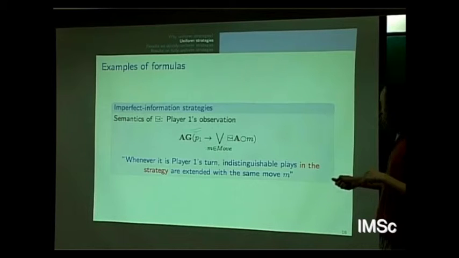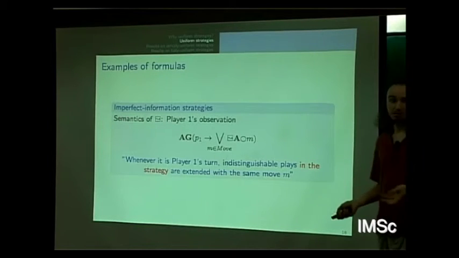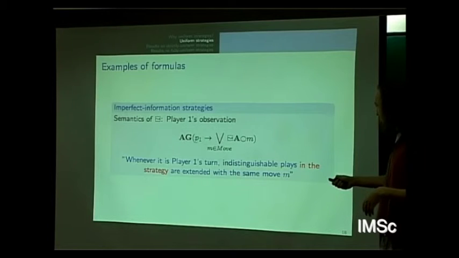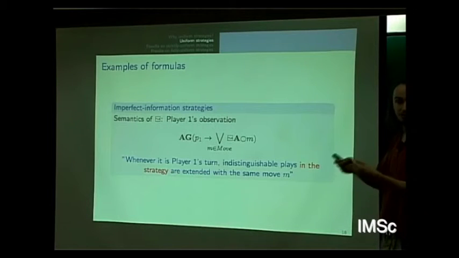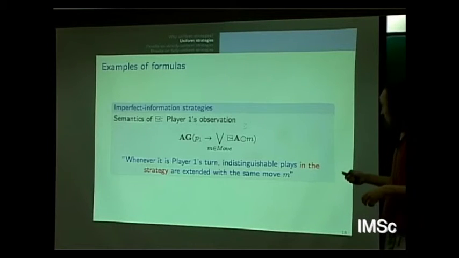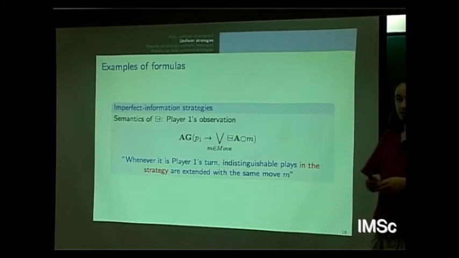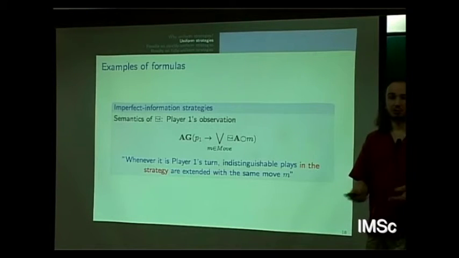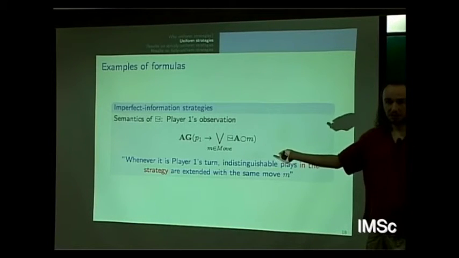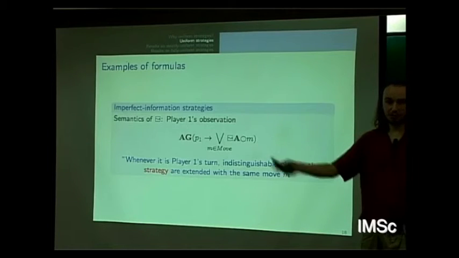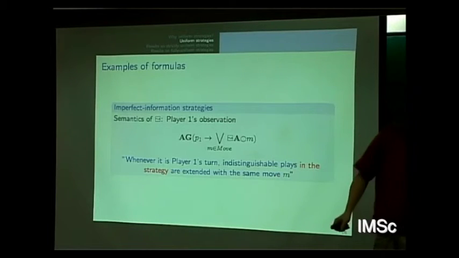So this means that the strategy is observation-based. When it's my turn to play, there is one move that I play in all indistinguishable plays of the strategy. But here, of course, you want to quantify only over the plays in the strategy. You don't want to say that in all plays in the game, there is only the same move everywhere, because you can have several possible moves.